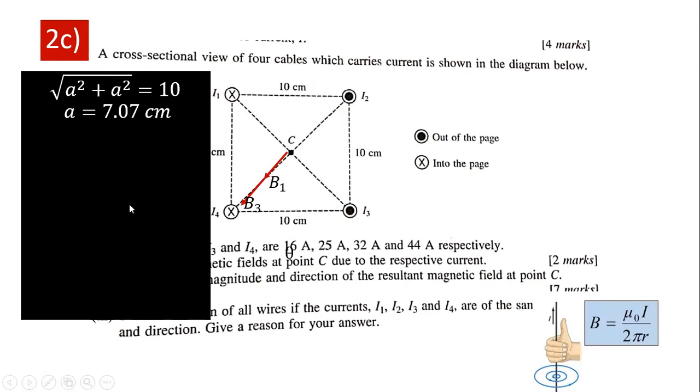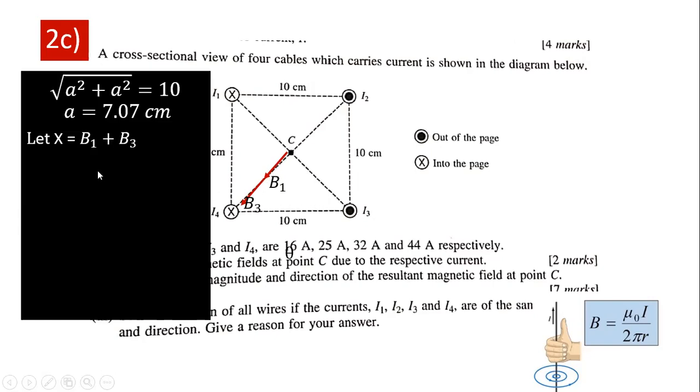Then after that, you can look at B1 and B3. B1 is due to this one, which is clockwise, that's why you get a tangent here. B3 is anti-clockwise, that's why you get a tangent here.